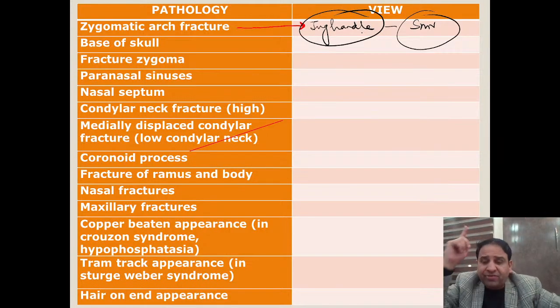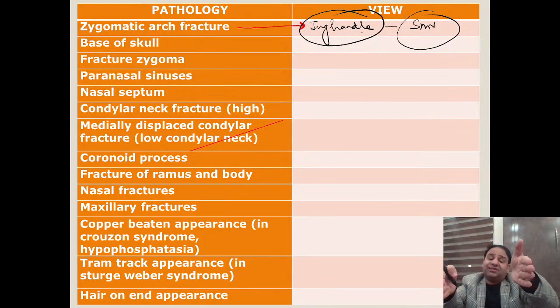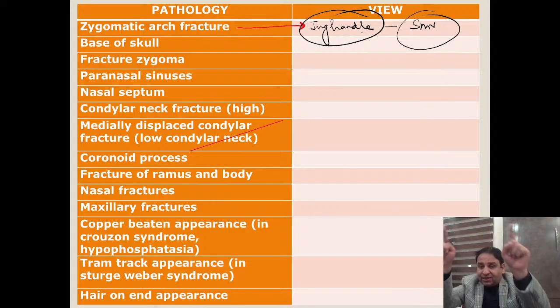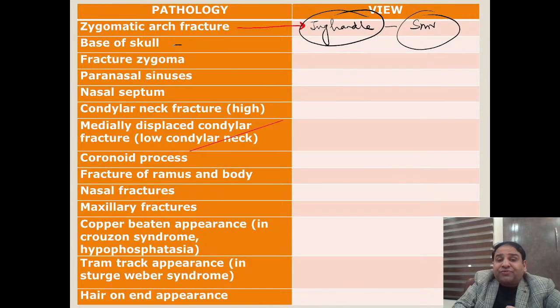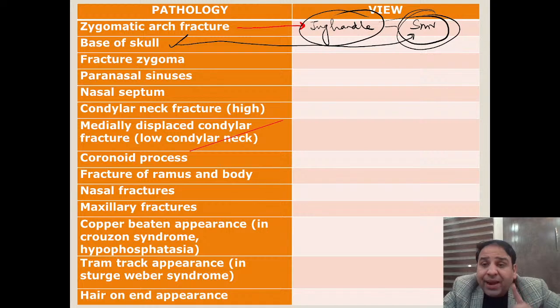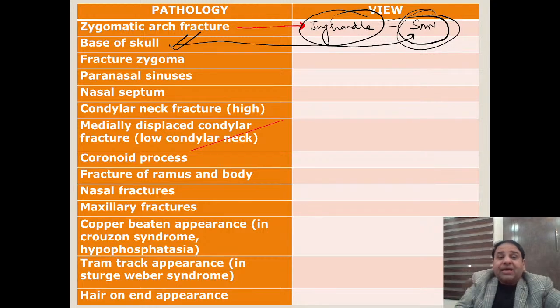Remember, students, when we reduce the exposure to one third, we see the jug handle view where the zygomatic arches are seen as the handle of a jug. The base of the skull is best seen in submento vertex view.